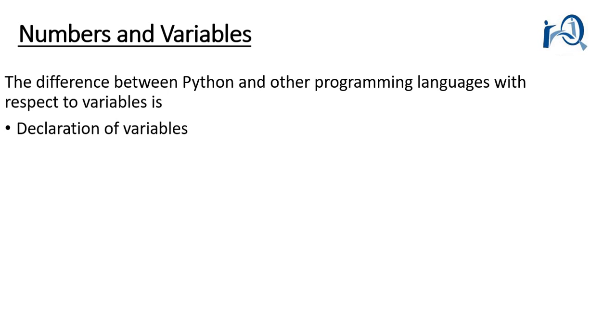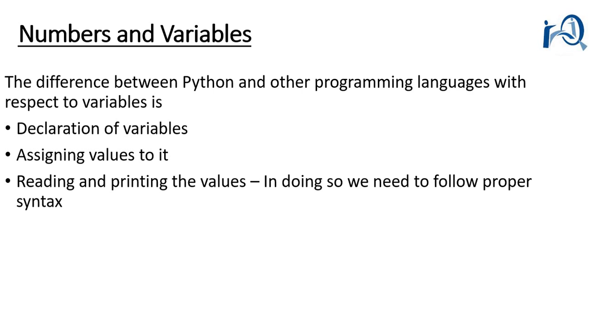If he wants to hold an integer, he needs to use the int data type. If he wants to hold a floating value, he needs a float data type. Depending on the data type, the compiler will allot the memory. Then you assign values to the variables, and then you can do input output operations. You can print and read the values, and in doing so you should use proper syntax.